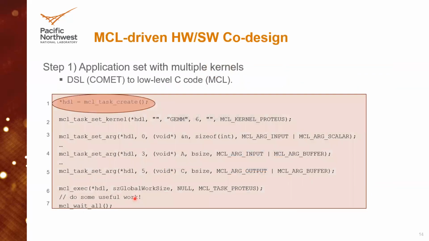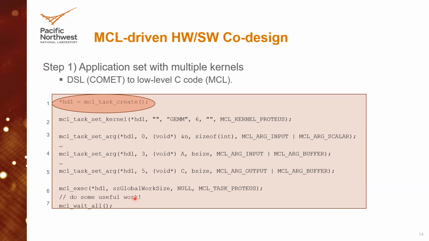So this is a deep dive into these different steps. So step one, you have written an application which is described in the MCL programming model. It is a low-level programming model, but the idea is that this code will be generated automatically from a high-level language.